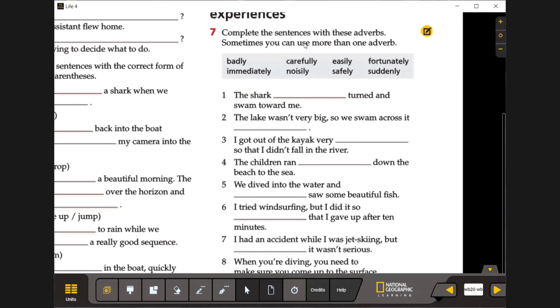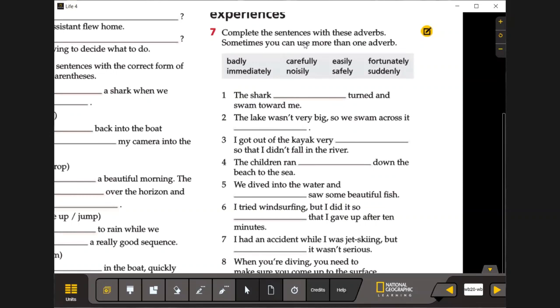Tienen que ganar fluidez. Están a un paso de estar en nivel 5 y no pueden leer mal. Ahora sí que you can read badly. Ahí se aplica el badly. Well, okay. Thank you, Gael.